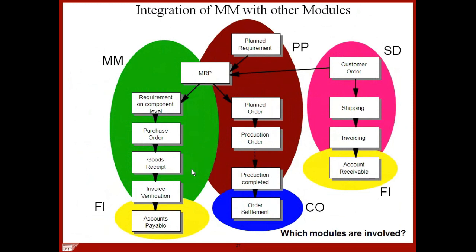Similarly, when you are working with MRP, consumption based planning, you will be integrating the MM module with the PP module. Similarly, when you are working with the special procurement scenario called third party sales order processing, you will be working with MM with SD. Okay, so all these points will be covered as and when they come into the picture.